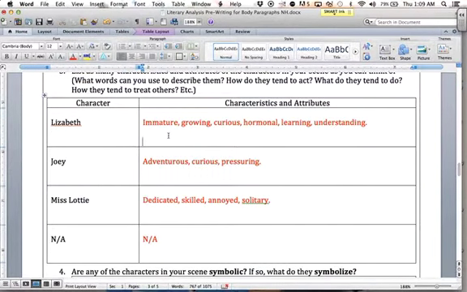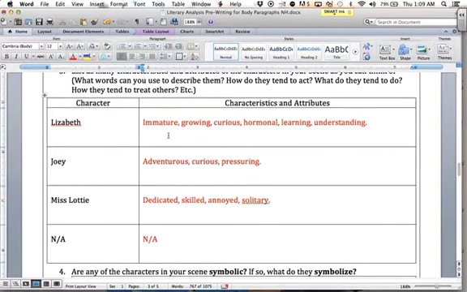All right. Lisbeth, some of the adjectives I came up with for Lisbeth: immature, growing, curious, hormonal, learning, and understanding. Joey is adventurous, curious, and pressuring. Miss Lottie is dedicated, skilled, annoyed, and solitary. And NA is NA.